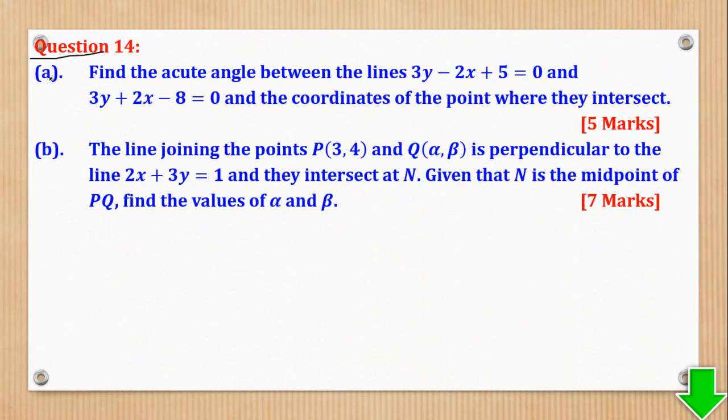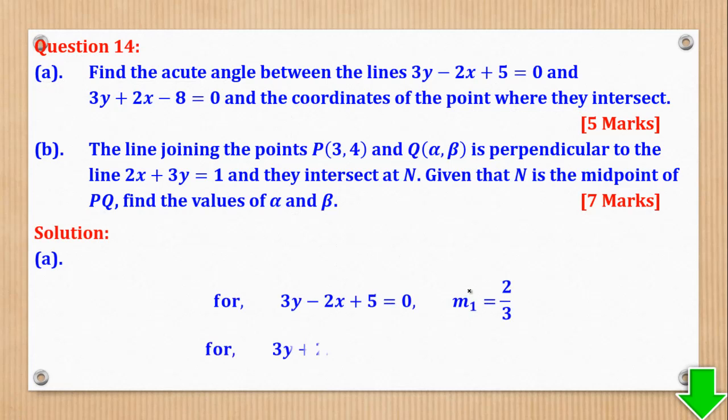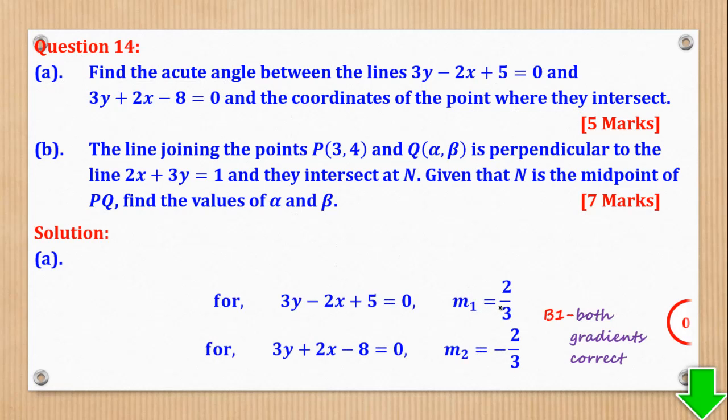Then question 14, part A says, find the acute angle between the lines this, and the coordinates of the point where they intersect. So for the angle between 2 lines, we need their gradients. For this, the gradient is that, and here the gradient is that.